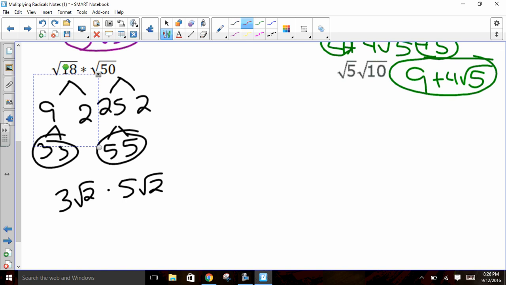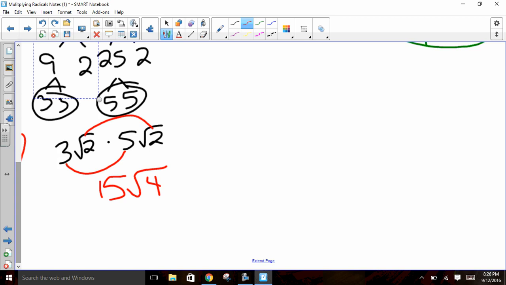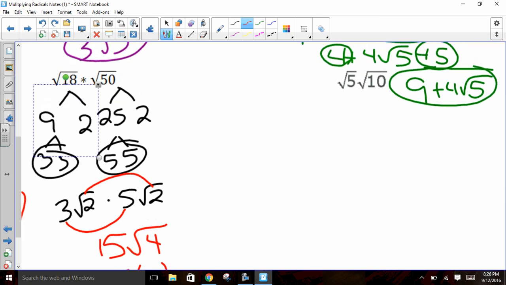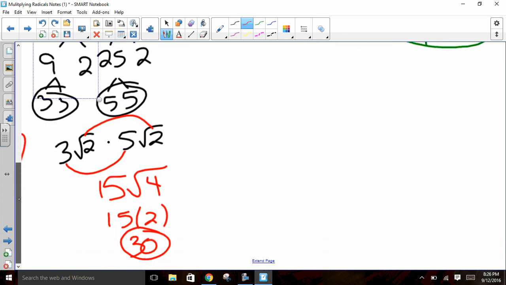I'm going to multiply my 3 times my 5, which gives me 15. Going to multiply my 2 times my 2 because it's the same thing, which gives me 4. Square root of 4 is 2. So I get 15 times 2, which gives me 30. Now, would you have known that when you multiply 18 times 50, which is 900, the square root of 900 is going to be 30?